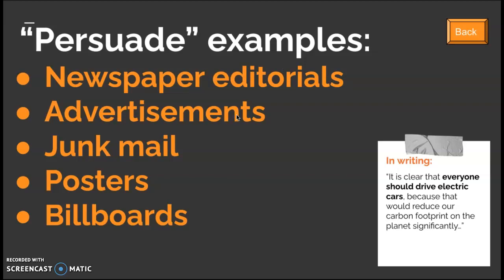Any advertisements, so commercials, like we said, billboards, anything like that that's trying to convince you to buy a product or to use a product, those are all persuasive pieces of writing.